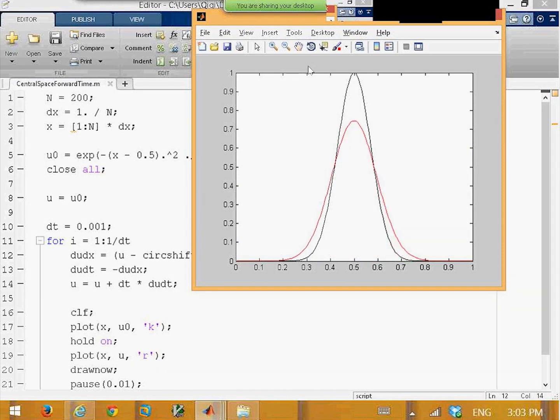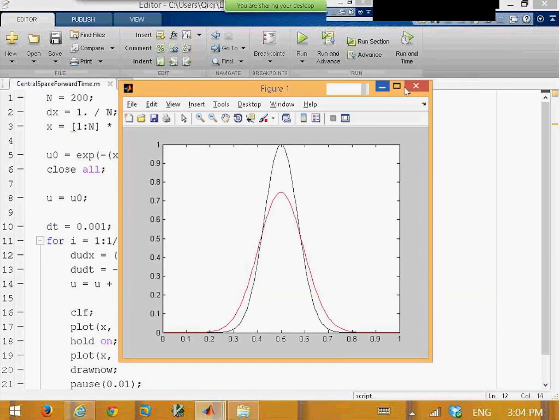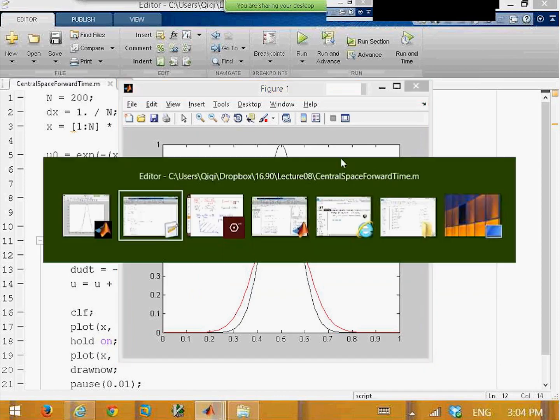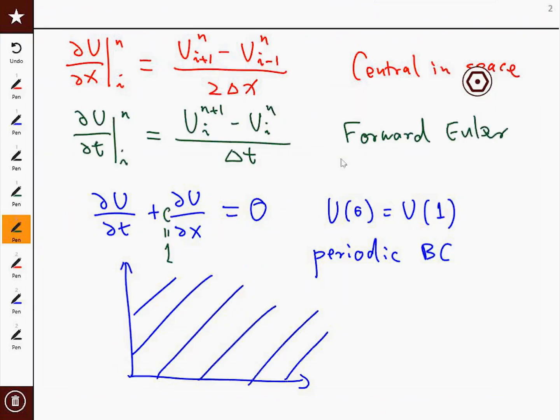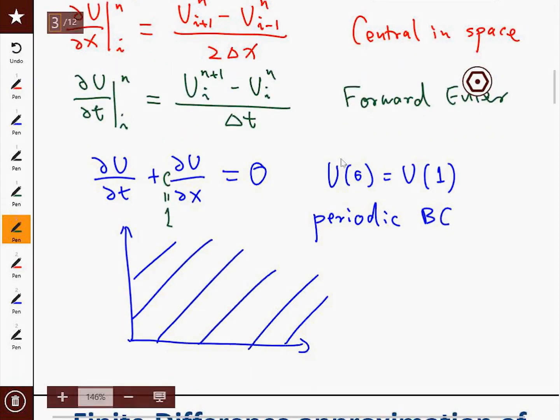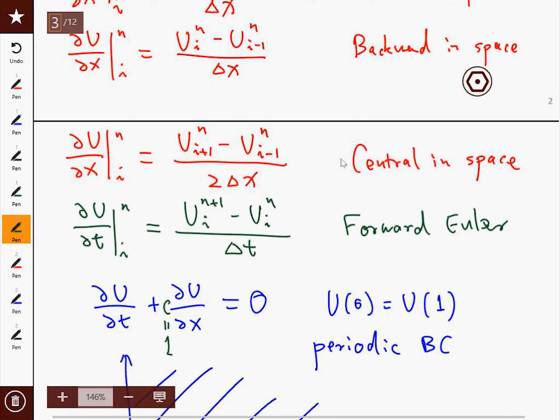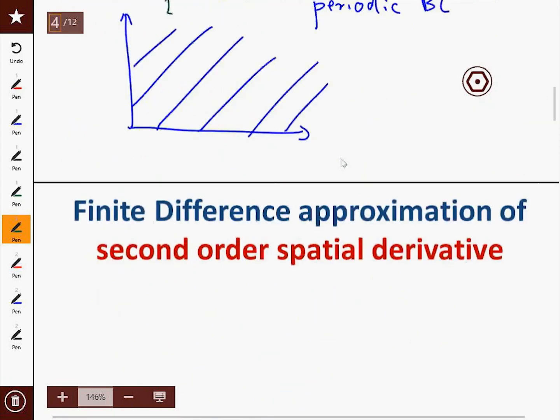Backward difference seems to have more undershoot than the overshoot of the central difference. Again, Professor Wilcox is going to discuss the accuracy of these two methods on Wednesday. All right, so this is an implementation of the central in space and backward in space finite difference scheme.